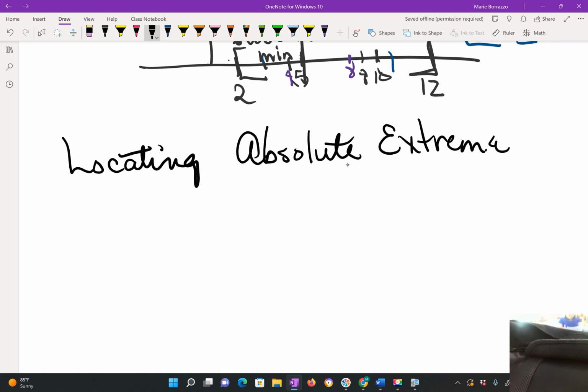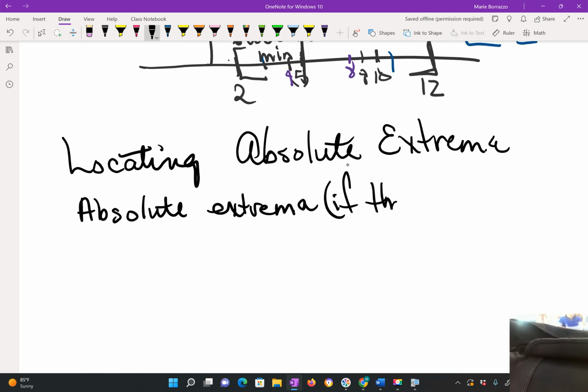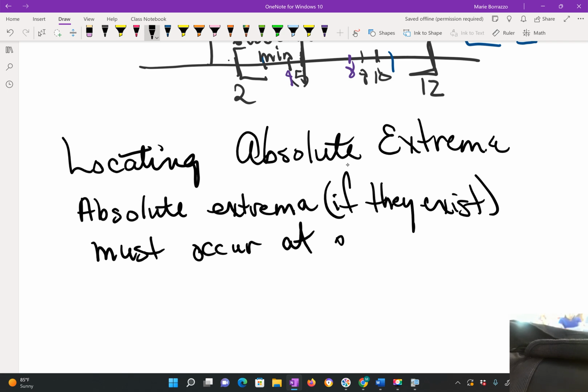Absolute extrema, if they exist, must occur at critical numbers or endpoints. Must occur at critical numbers or at endpoints.